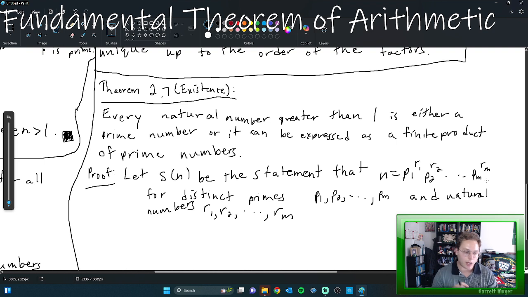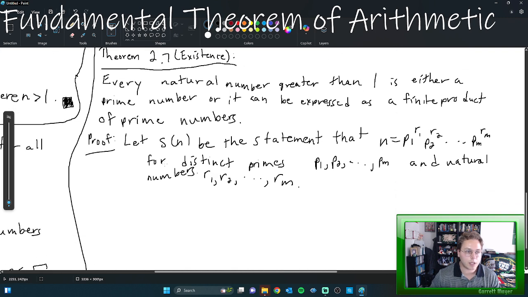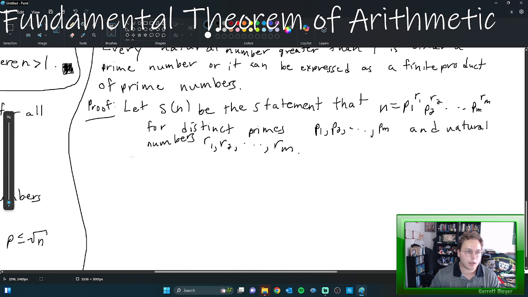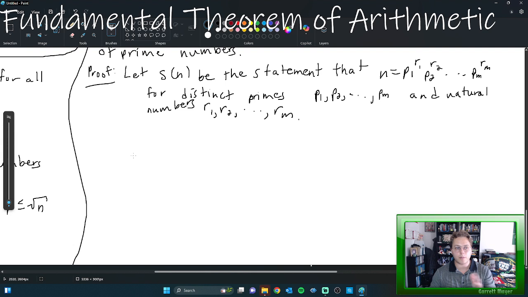And we can do that for every single n. And that is equivalent to this statement up here. So if we can prove that that's true for every n greater than 1, then we've basically demonstrated the existence part of the Fundamental Theorem of Arithmetic. So let's start with the base case.